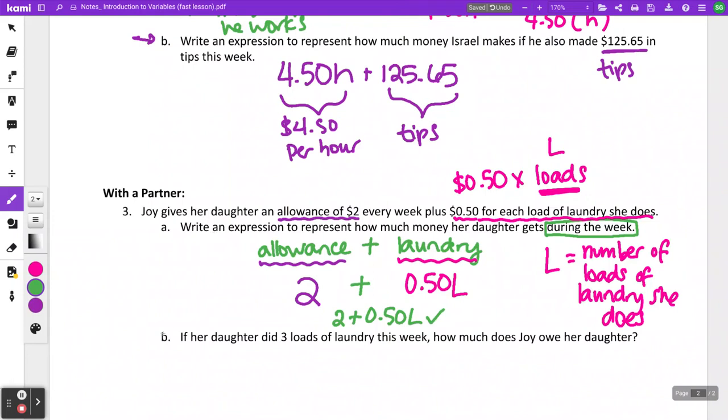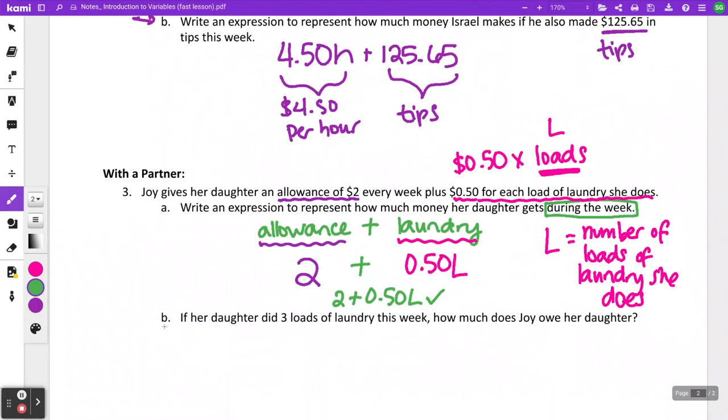Now, there is a second part of this story down here for part B. Once you have this expression, we said it's like a recipe to get the answer. So in part B, I'm told if her daughter did 3 loads of laundry, how much money does Joy owe her daughter? Now we know more information.